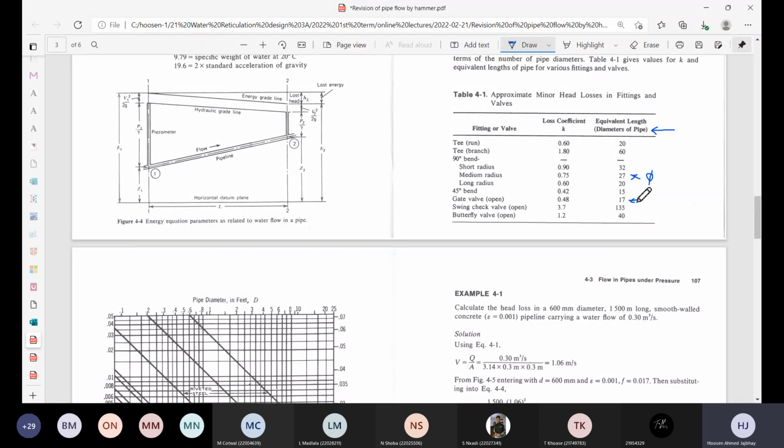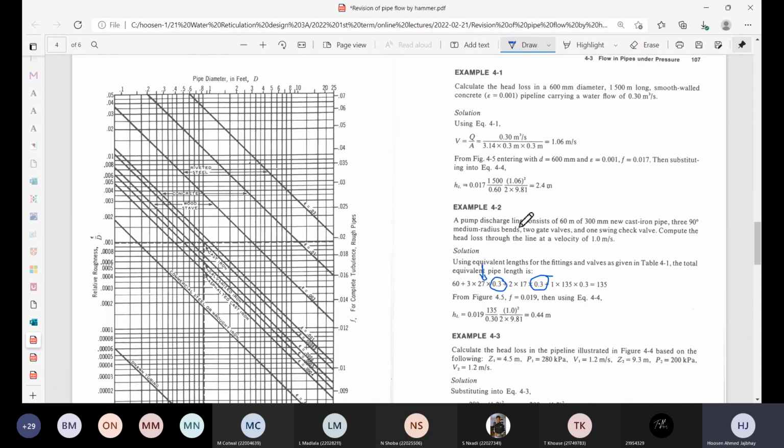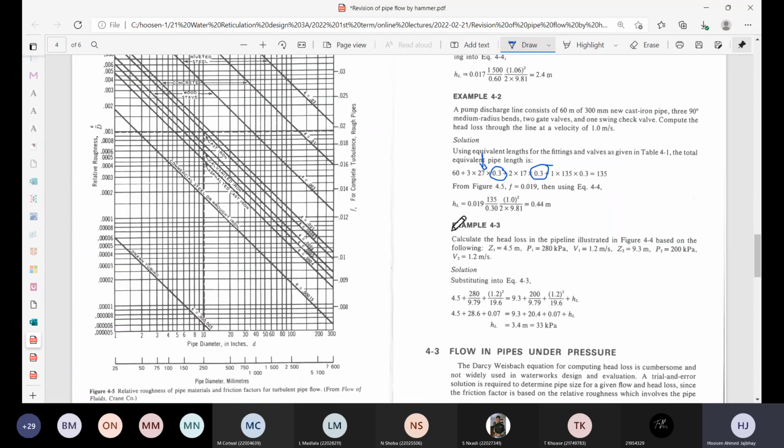That's the 100 millimeter is 0.1 meter. If you're fitting that gate valve to a 1 meter diameter pipe, then it'll be 17 times 1 meter, like that. So that's how you read this table, and that's how this example 4.2 was worked out.